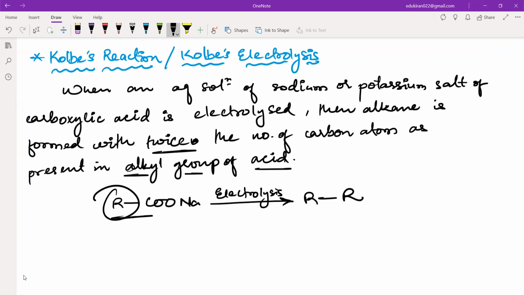What is the alkyl group? This is the alkyl group. So twice the number of carbon atoms as in the alkyl group. Plus you will get sodium hydroxide, CO2, and hydrogen gas, which will be liberated out.